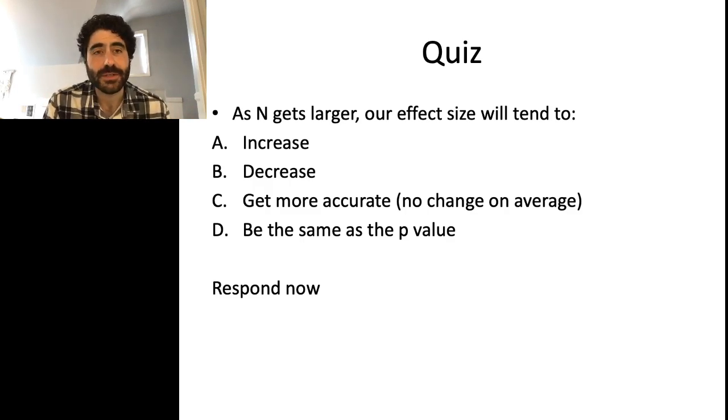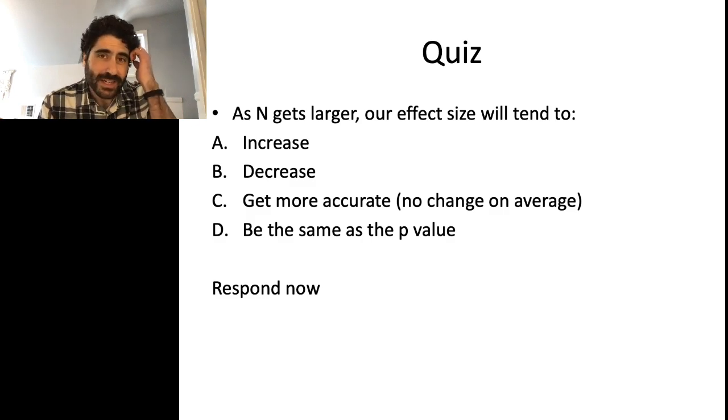If we give the drug to more and more people, we'll get a much better estimate of that. But that estimate is not going to increase over time. As we keep doing the experiment, our estimate of how much the drug helps or hurts is not going to increase. That's different than p-values, right? If there is some real effect of the drug and we keep collecting samples over time, our p-value is going to get smaller and smaller. We're going to be more and more sure. There's no change on average.